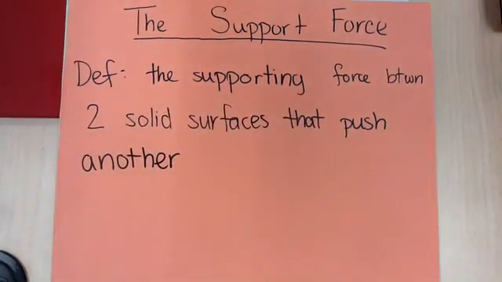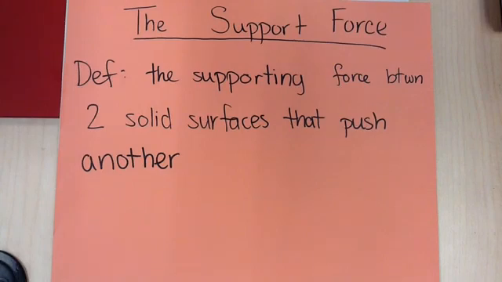Fluids, if I put a support force on a fluid, will tend to flow around it because they have other forces like adhesion and surface tension that are going to act differently. So we're only concerned with the support force. That's the force between two solid surfaces that push against one another.